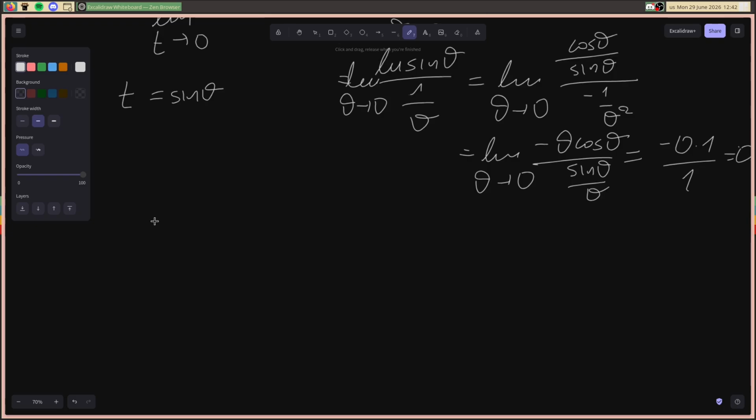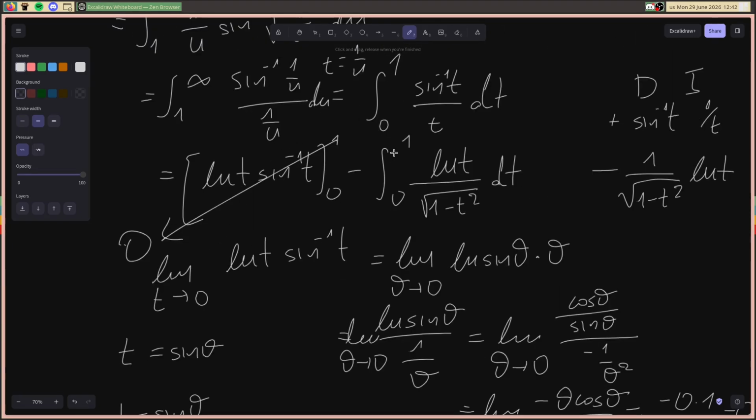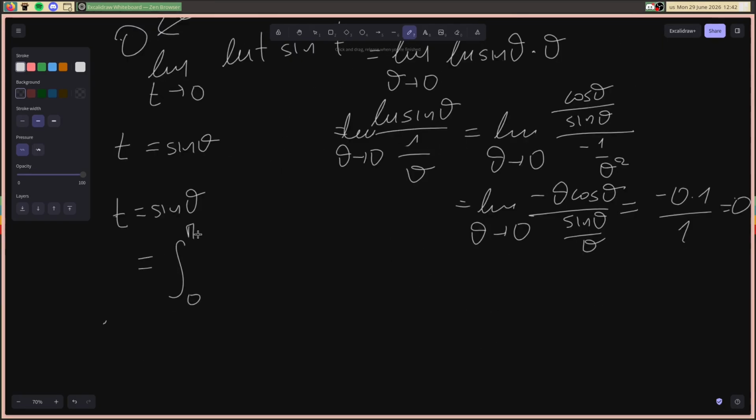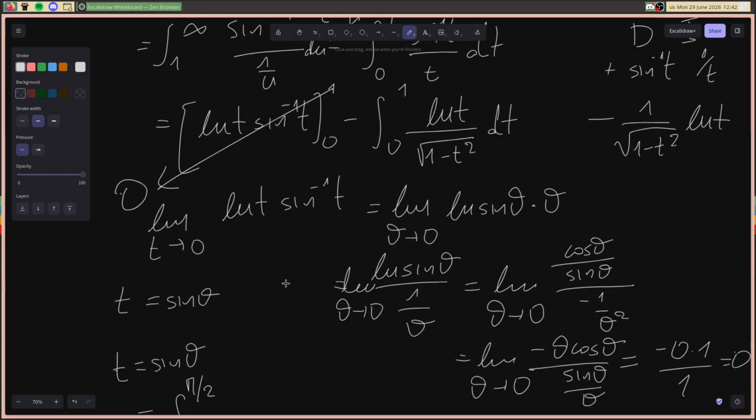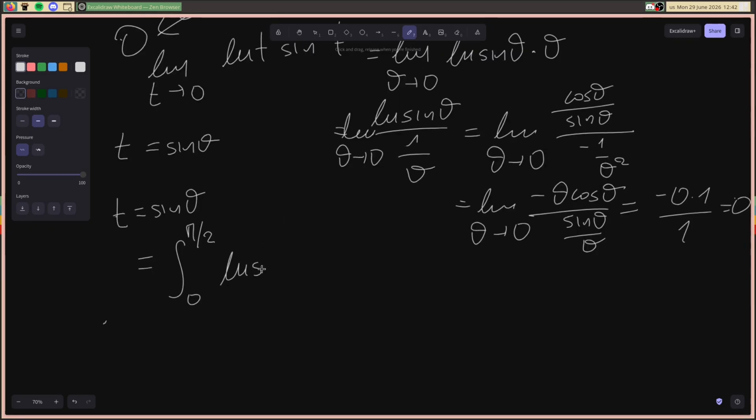And the second term, we can now do a trig substitution. t equal to the sine of theta. We get the integral from 0 to, well, 1, which is pi over 2, ln of sine theta d theta.